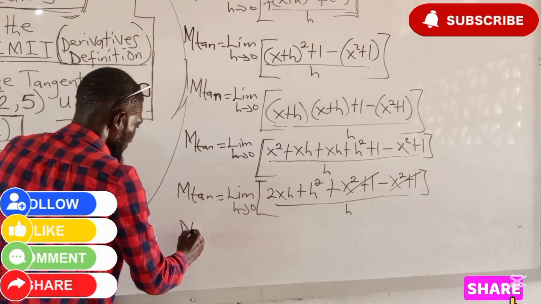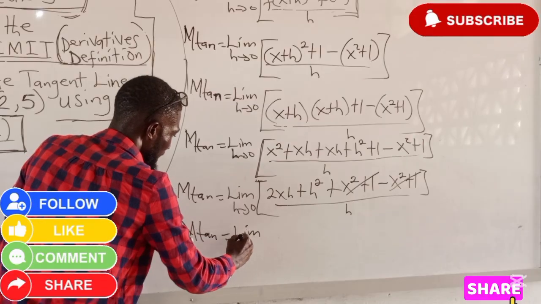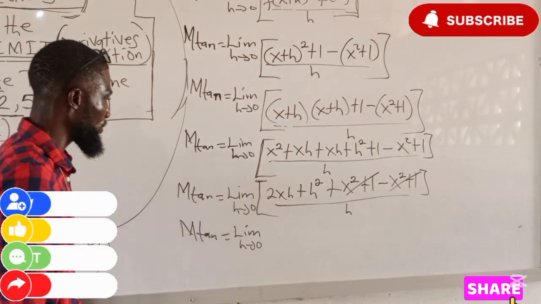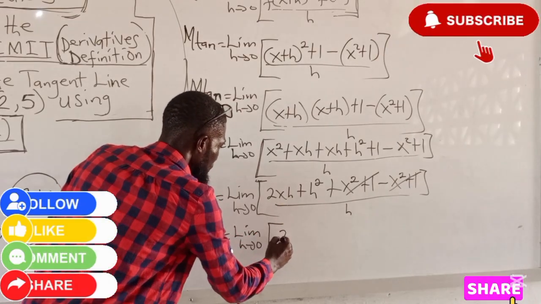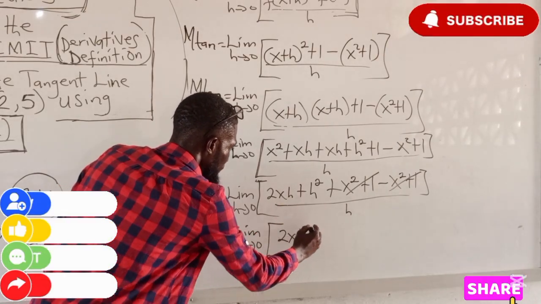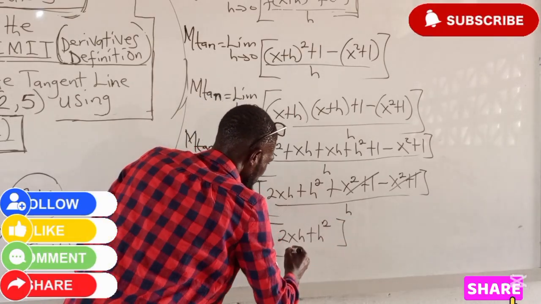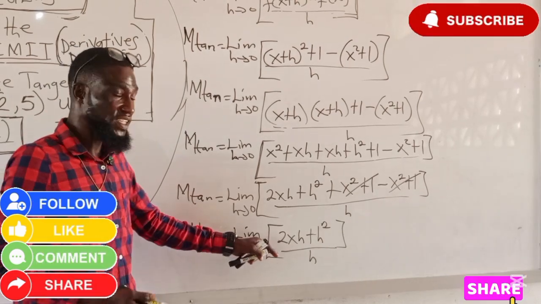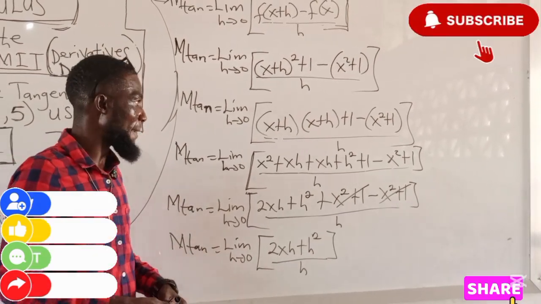So m tangent now will be equal to the limit as h approaches 0. We open the bracket, we take 2xh plus h squared, bracket closes, over h. So we remove this from the bracket in order to factor this particular guy.